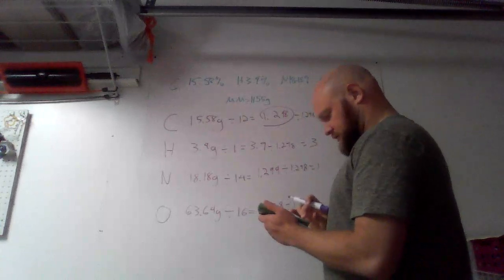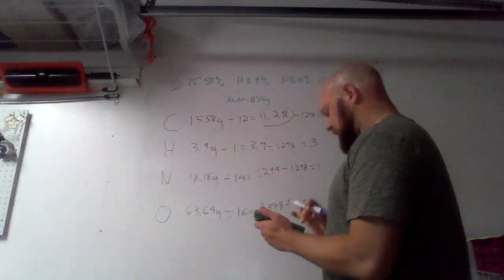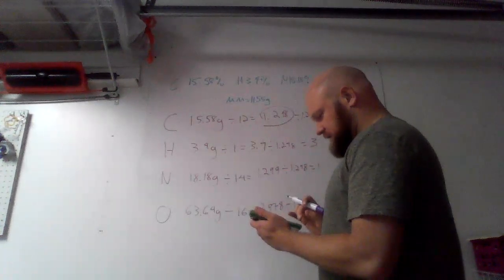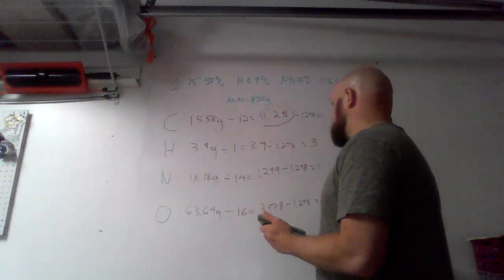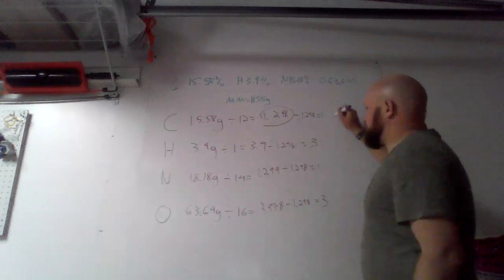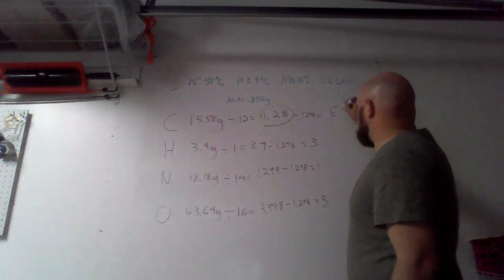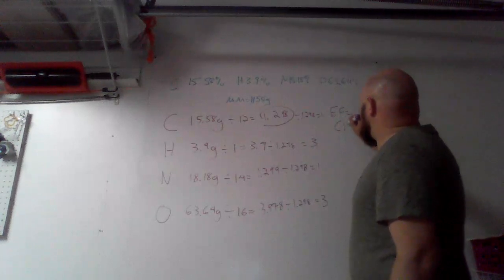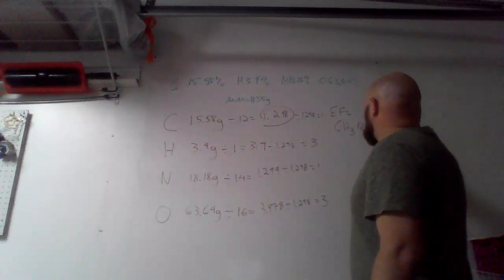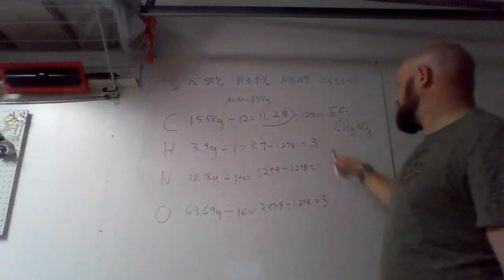And 3.978 divided by 1.298 is going to give me right around 3 also. So my empirical formula is going to equal CH3NO3. I'm just pulling that from here.